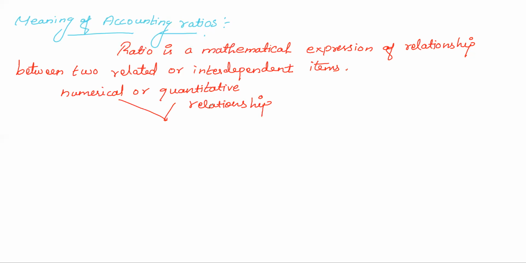So when ratios are calculated on the basis of accounting information, they are called accounting ratios.